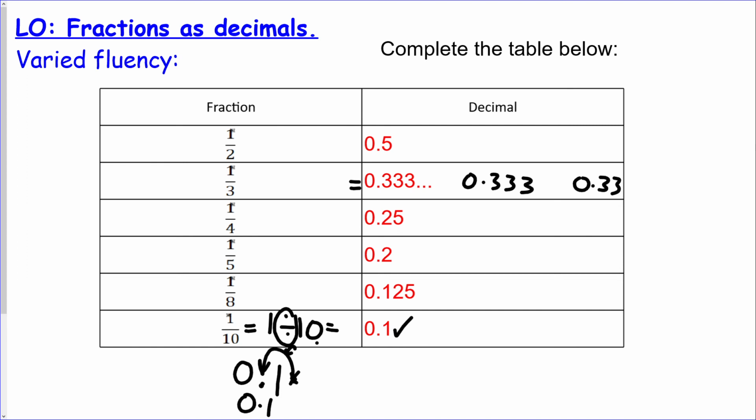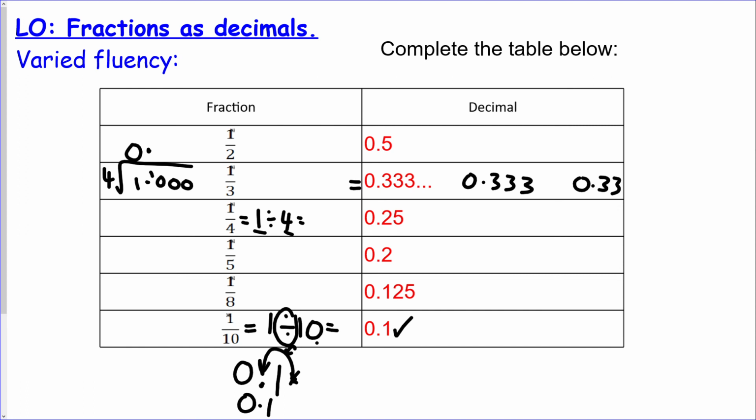Okay, I'll do another example. If we look at 1/4, I know 1/4 means 1 divided by 4. If I now use my bus stop method, and I remember inside out, so inside, out, I now can see that 1 divided by 4 can't fit inside 1. My decimal point comes next. I do my 3 zeros after the decimal point.